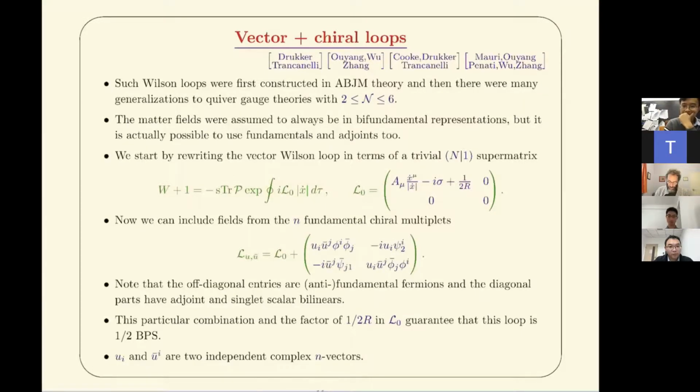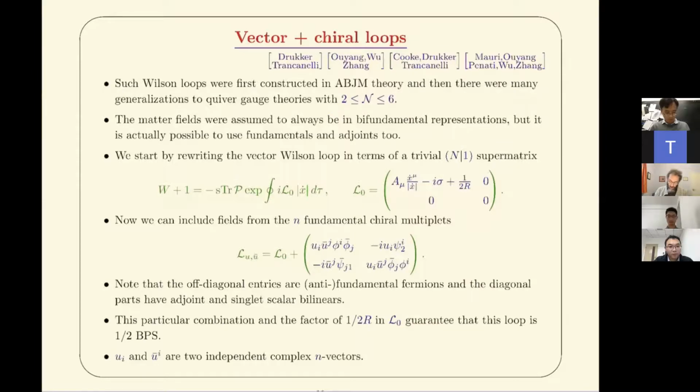And let me take the Wilson loop that I had before and rewrite it in a very peculiar way. So I had previously the connection iA plus sigma. I rewrite it here again. I add to it a shift by 1 over 2r, where r is the radius of my 3-sphere.